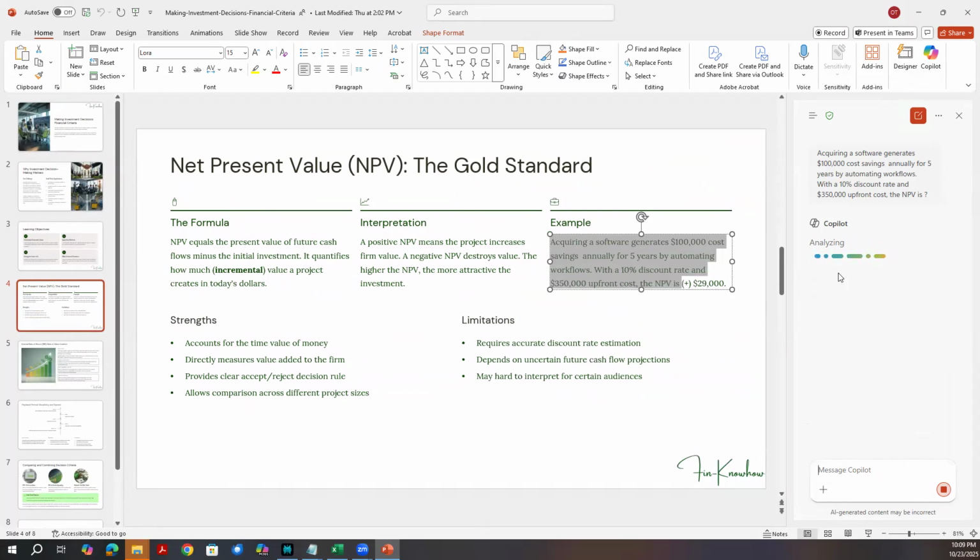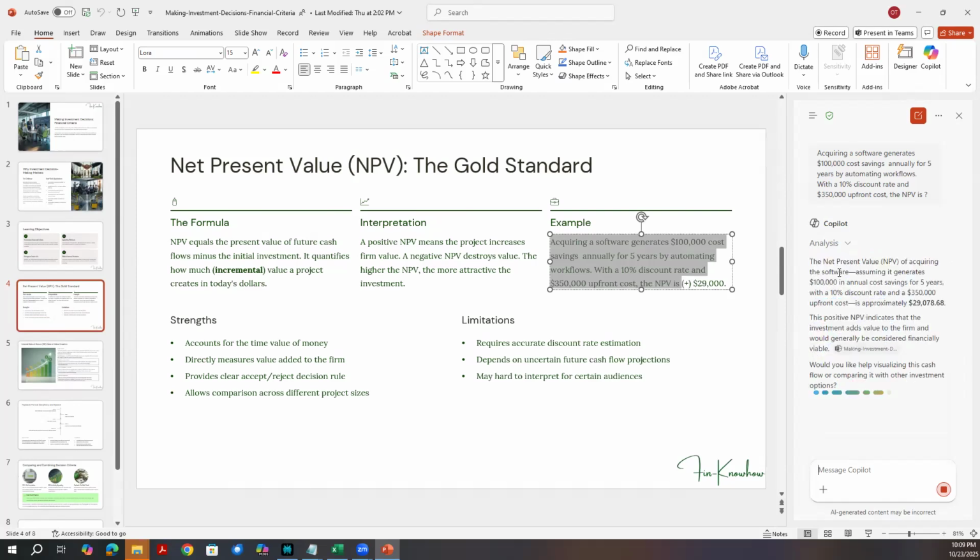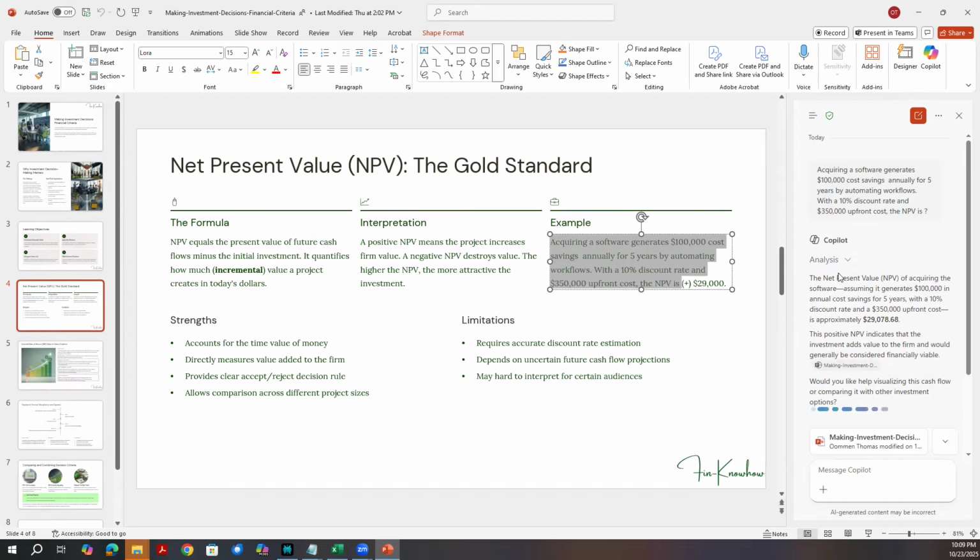As this calculation happens, I want to point you to a couple of things. One of the key strengths of the net present value method is that it's theoretically sound. It accounts for the time value of money because you're computing present values. You can measure the direct dollar benefit. And by the way, the term value creation, you might hear in all kinds of documents the reference to a value creating investment or a value enhancing investment.